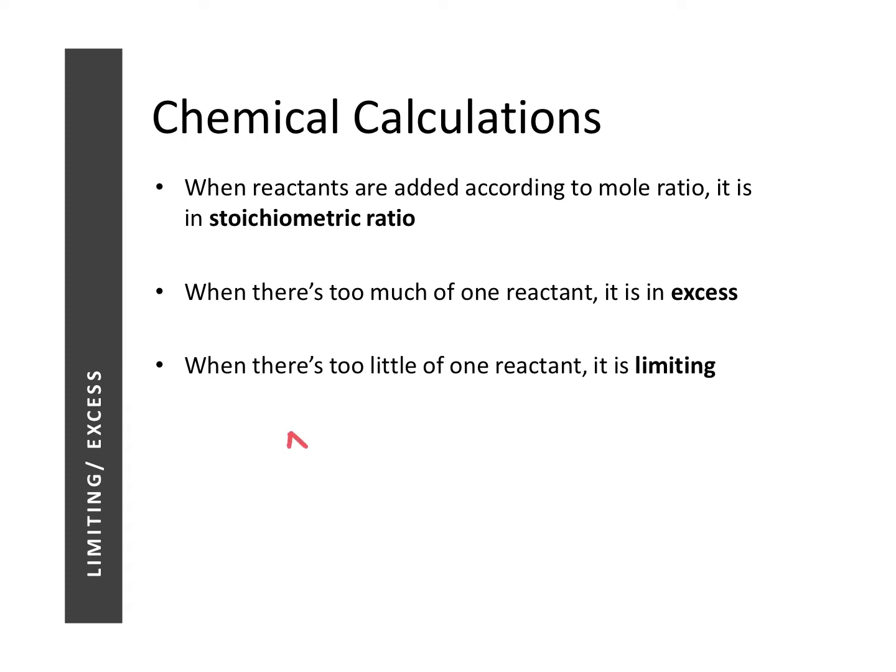For example, when sodium reacts with chlorine, you will always have this particular ratio: 2 moles of sodium must react with 1 mole of chlorine. Can we anyhow change this to 3? The answer is no, because then the equation will no longer be balanced. So in a chemical reaction, the ratio between the two reactants is fixed by the balanced chemical equation.